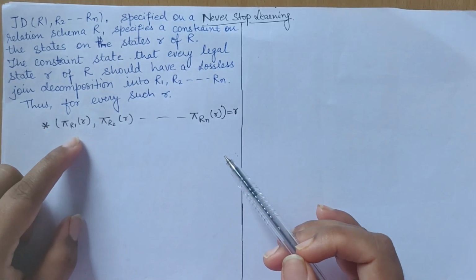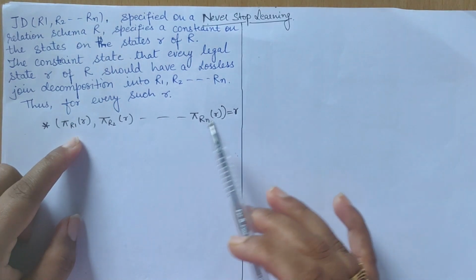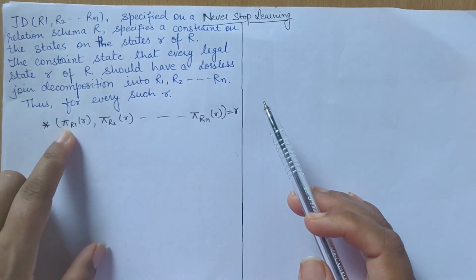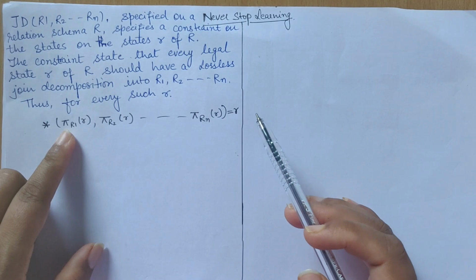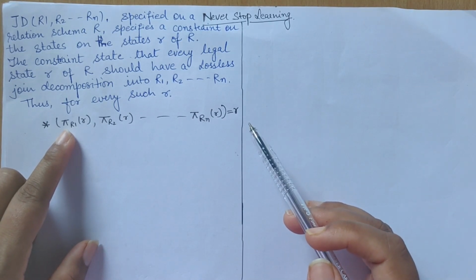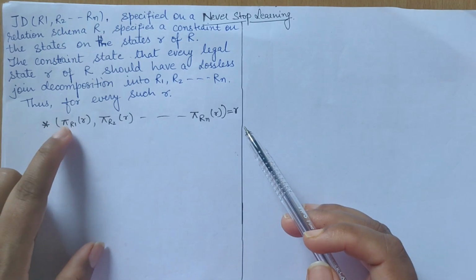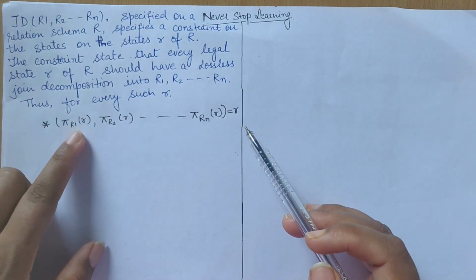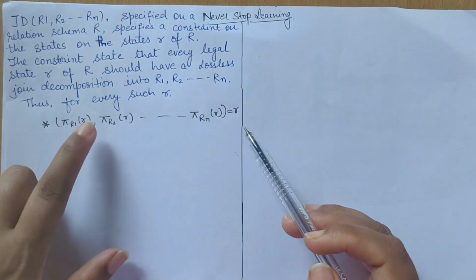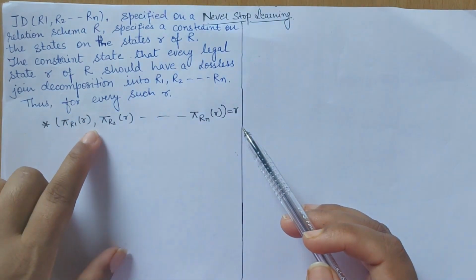In a few books you can get the joint dependency like this also. Here we are doing the projection. That's why it's also known as project join normal form. Fine. So here what is happening? We are taking the projection of all the decomposed relations with their constraints and we are joining.